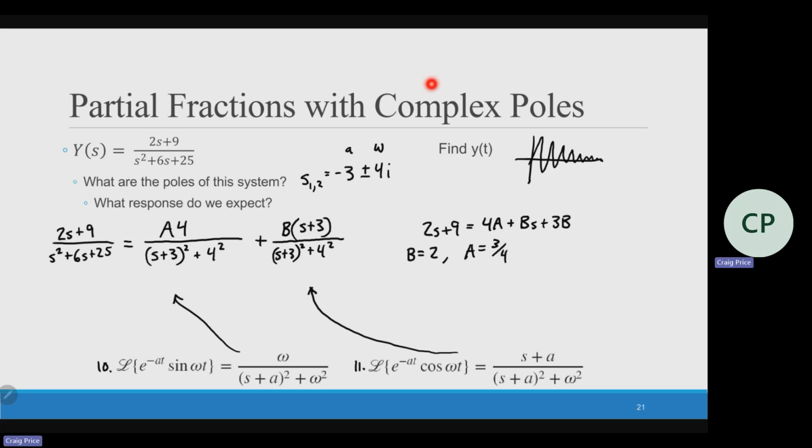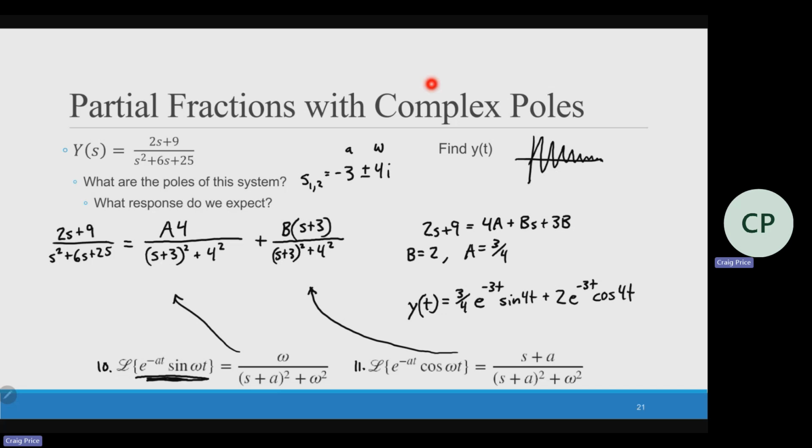So my final equation, y is a function of time. A is associated with sine. So I'm going to now bring it back to the time domain. It should become something like this. This is 3/4 e to the negative 3t sine 4t plus 2, that's my b term, times e to the negative 3t cosine 4t.